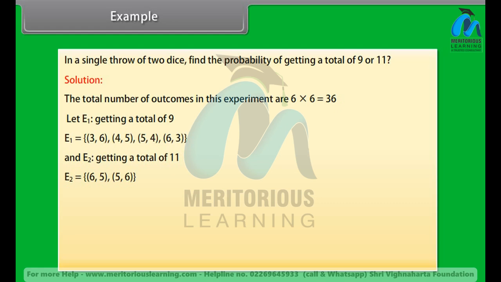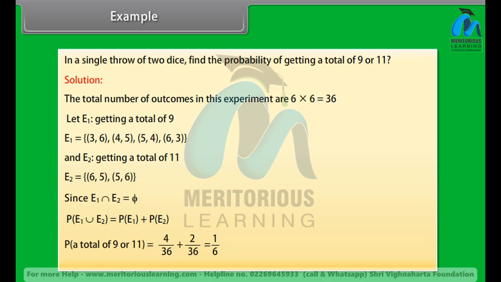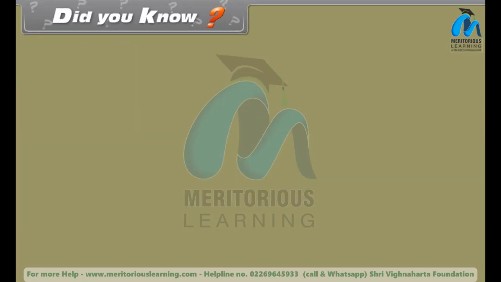E2 is equal to {56, 65}. Since E1 intersection E2 is equal to empty set, P(E1 union E2) is equal to P(E1) plus P(E2). P(a total of 9 or 11) is equal to 4 by 36 plus 2 by 36 is equal to 1 by 6.